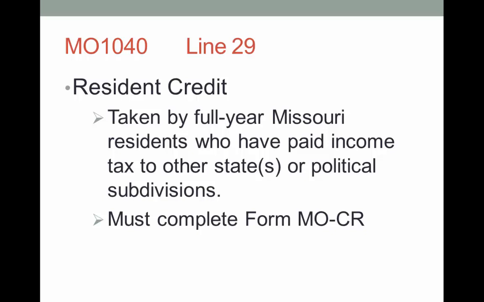They have summer internships in another state, and so maybe they go to Arkansas to work for the summer. When they come back, if they're Missouri residents, they have to pay Missouri tax on it and take a credit for any chunk that Arkansas took out of that. And we are going to work through a practice problem, and we are going to have a homework problem on that one as well.